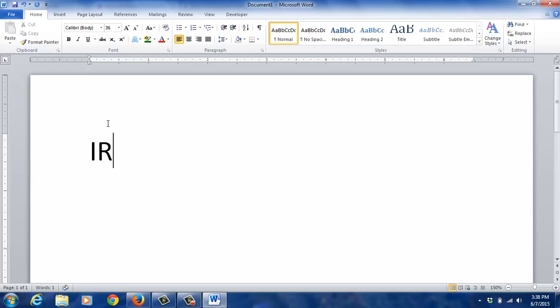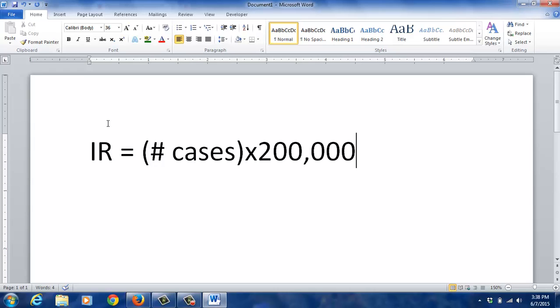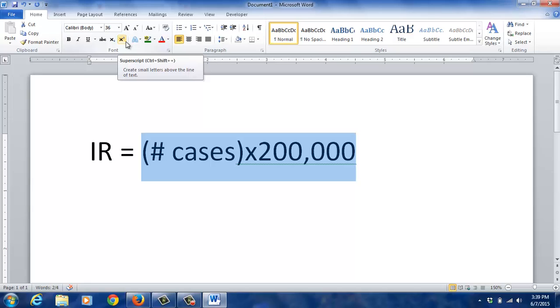So the incidence rate is equal to the number of cases, whether that's days away, restricted, transfer, or just recordable, so no lost time but still beyond first aid, multiplied by 200,000, which is the constant in the incidence rate calculation, representing 40 hours a week, 50 weeks a year, for 100 employees. That's where you get the 200,000. I believe that's right, because it gets down to hours.